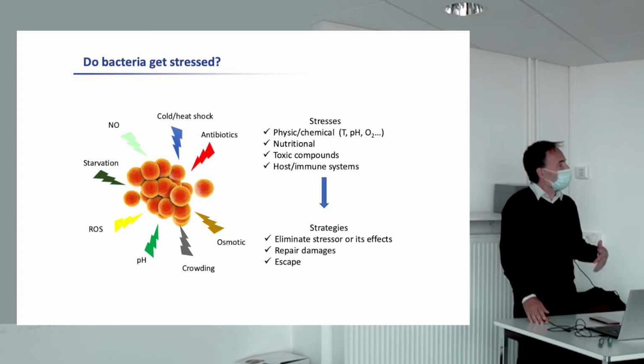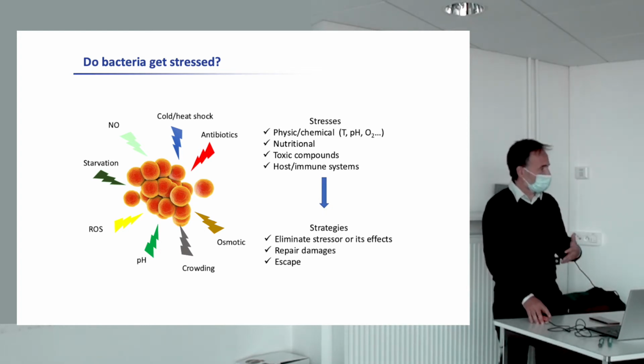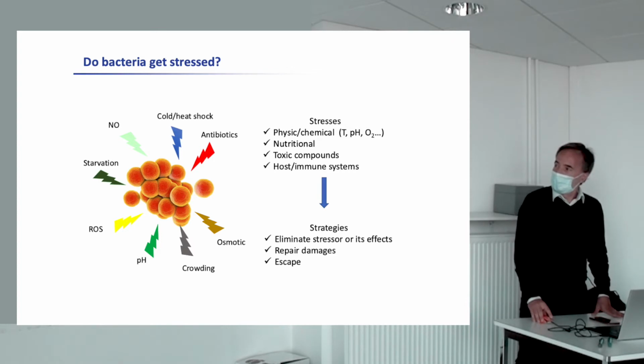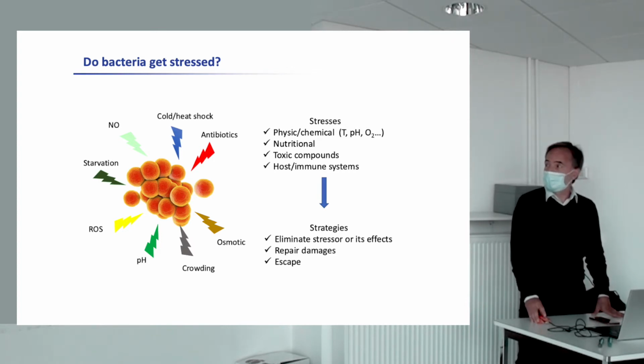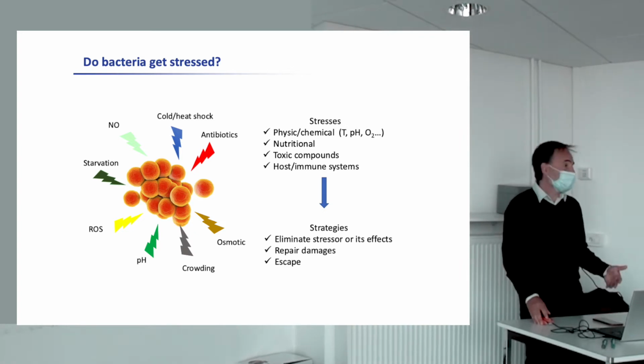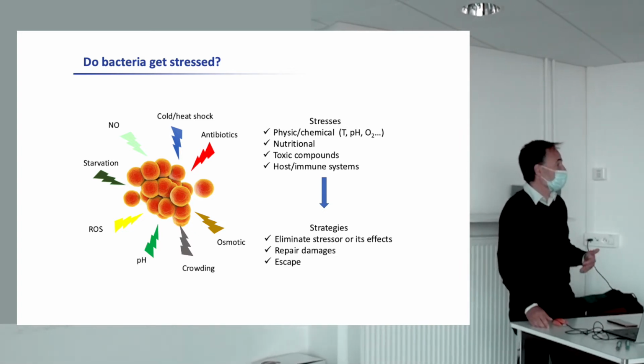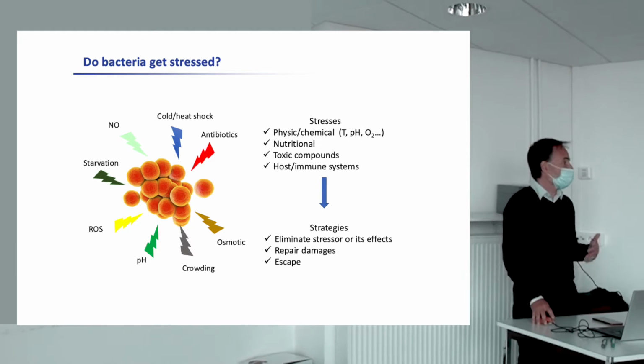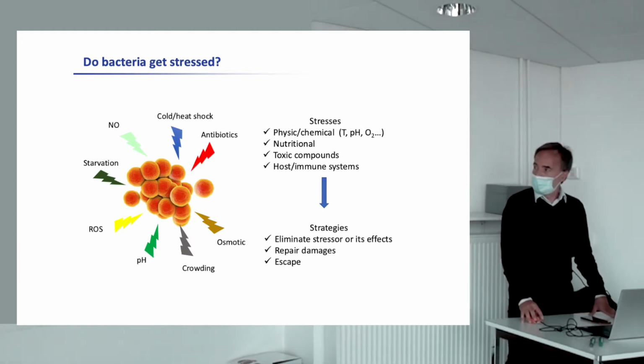So the bacteria can face these stresses and can react to them. Other conditions that are crucial for bacteria are conditions in which the nutrients are scarce, so conditions in which bacteria are starving. And they also need to cope with those conditions.